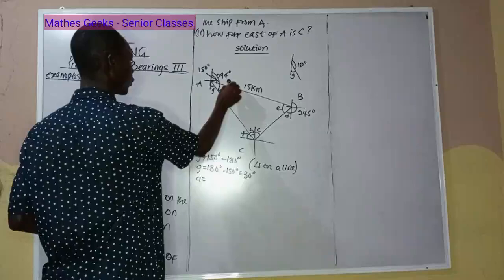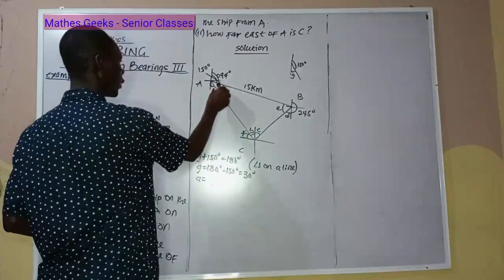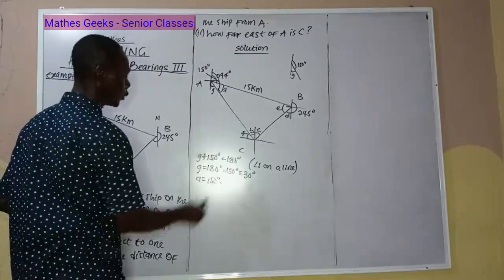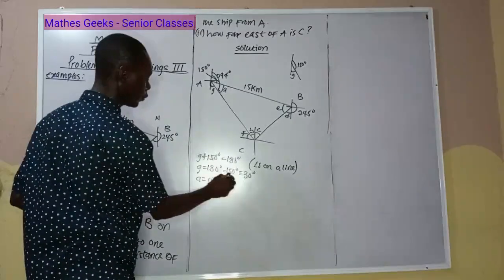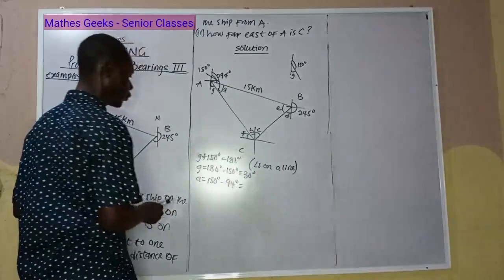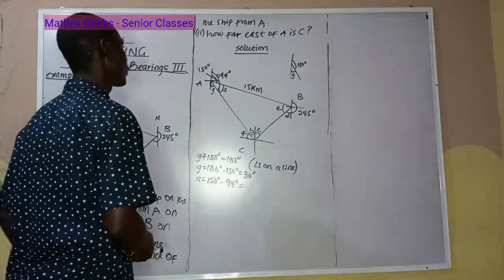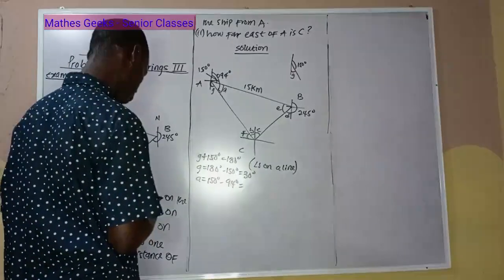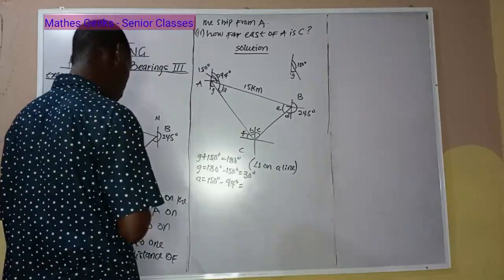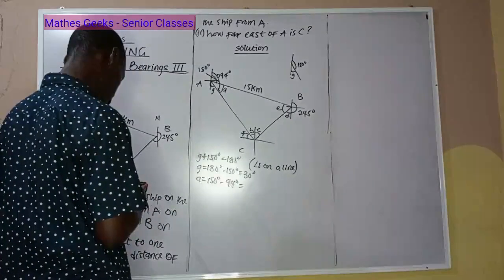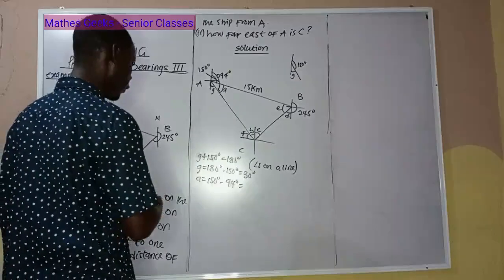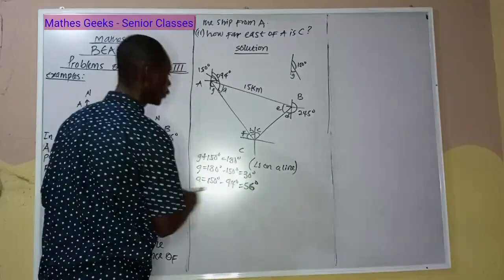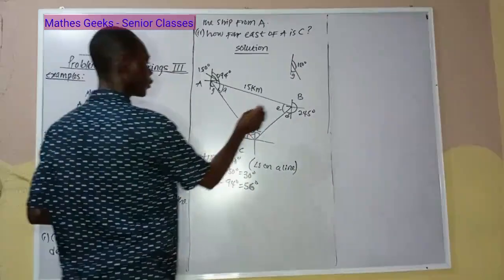So this angle alone, which is A, will give us 150 degrees minus 94 degrees, which is 56 degrees.